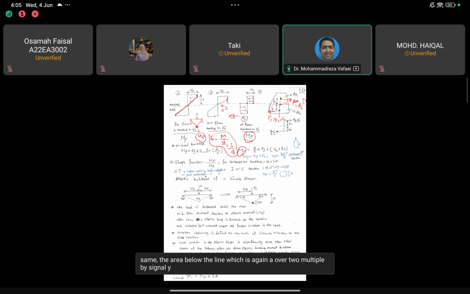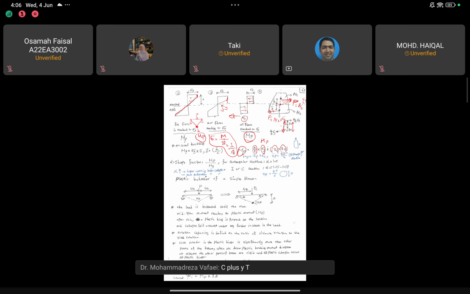So if you equate these two, then you multiply them by the distance that they have from each other, then you can get Mp. So basically this Mp equals A/2 multiplied by sigma y, which is the force that you have, multiplied by the loading arm, which is from here to here, which equals yc plus yt.